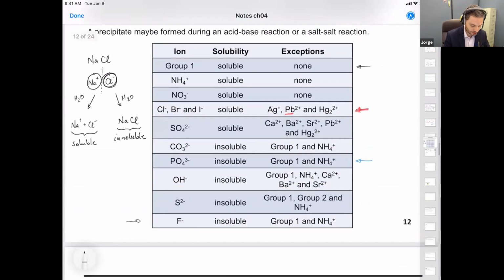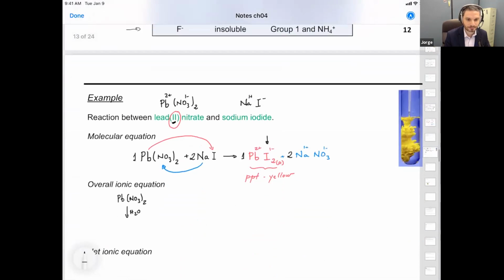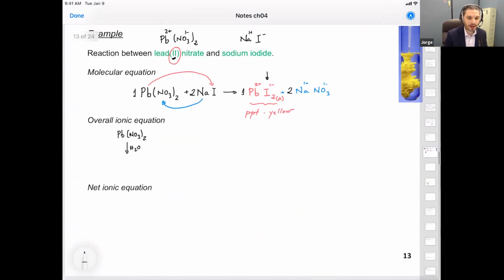So go back to the table. Nitrate salts right here in the third row, they are soluble and there are no exceptions. Therefore, every time we have lead nitrate in solution, we actually have lead 2 plus, because it is in solution, it's aqueous, and nitrate 1 minus in solution as well.